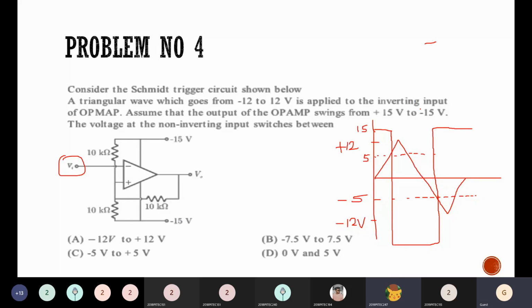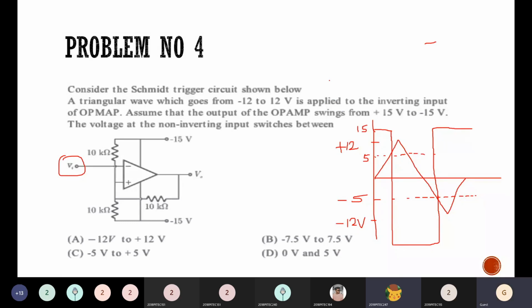In between, it will remain in the previous state, right? So between plus 5 and minus 5 is the hysteresis. There will not be any change, in both the cases it remains in the same state, hysteresis loop.